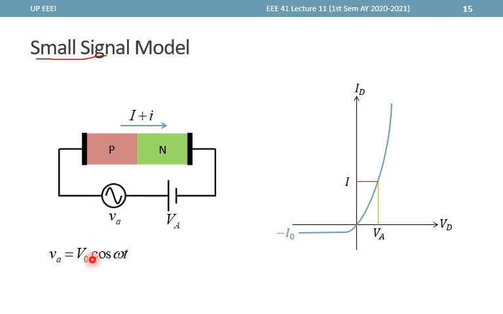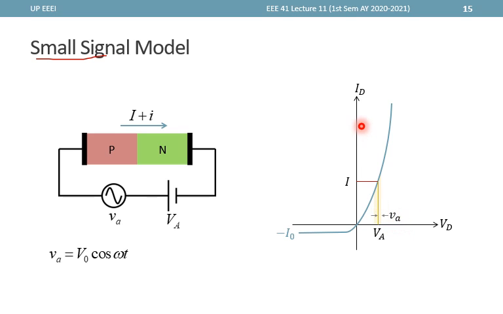So let's say the small signal that we add is some sinusoidal voltage with some small amplitude here. So the voltage will oscillate around this DC value and is given by the amplitude VA.